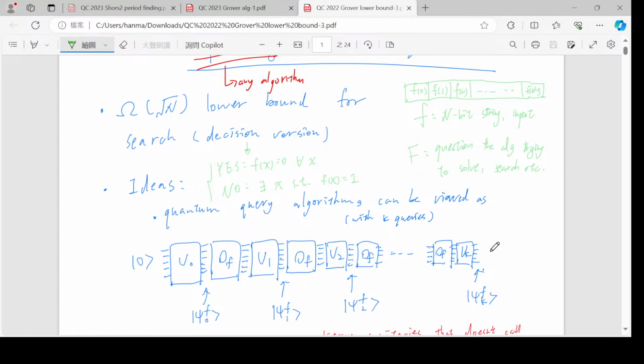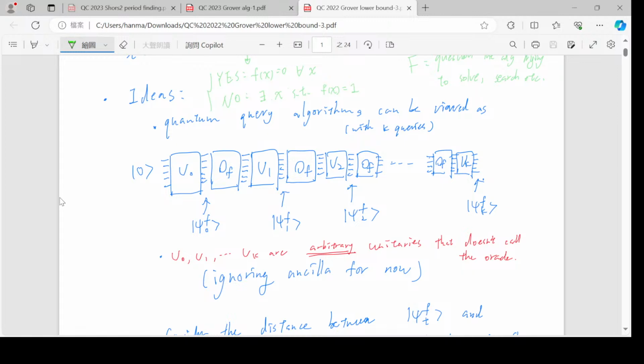Here we are being a little imprecise, so this is a bit confusing. What's confusing is that you can actually have some ancilla, so your unitary is acting on a bigger space than your oracle.